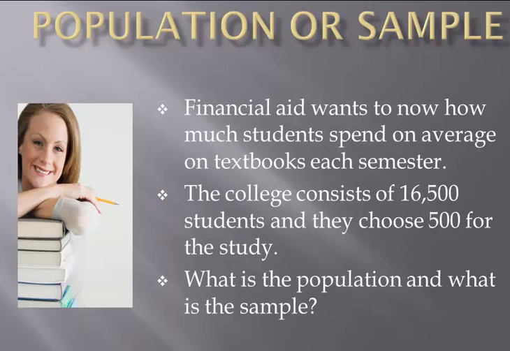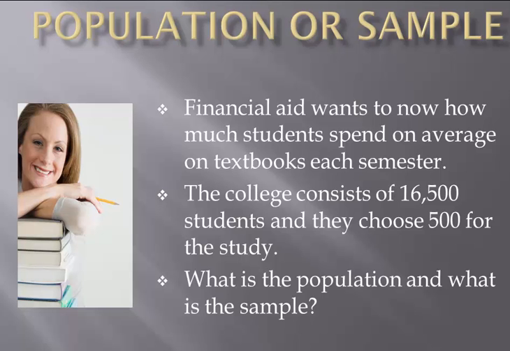Now, let's look at a second example. So in this example, financial aid wants to know how much a student spends on average for textbooks in a semester. Now this particular college has about 16,500 students, and for the study they have chosen 500.